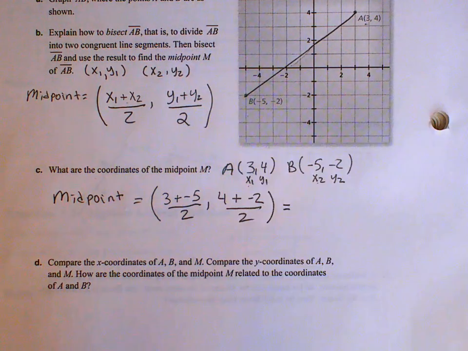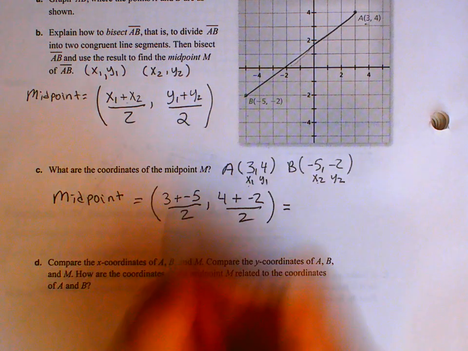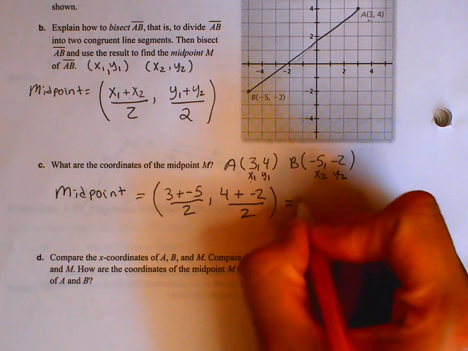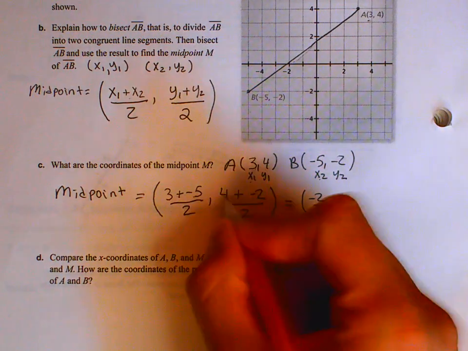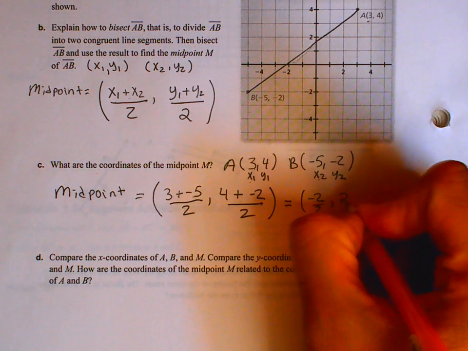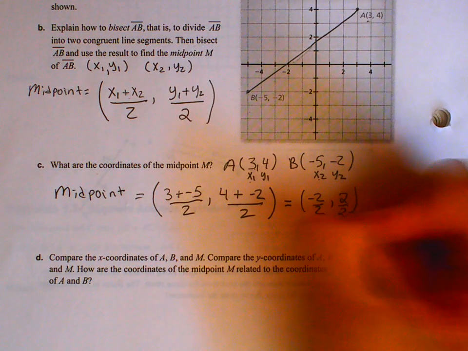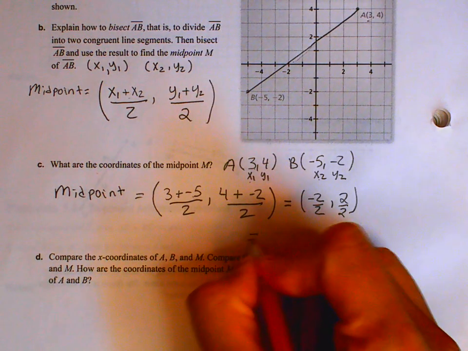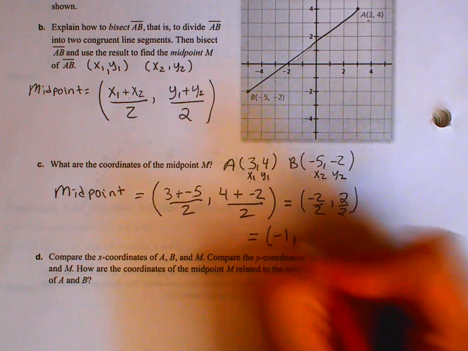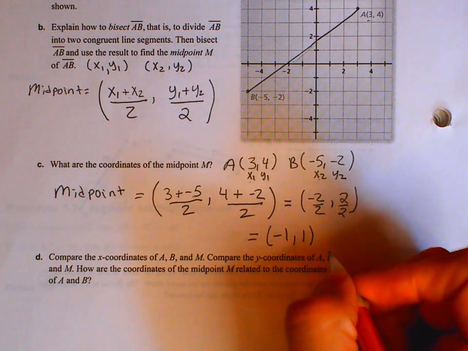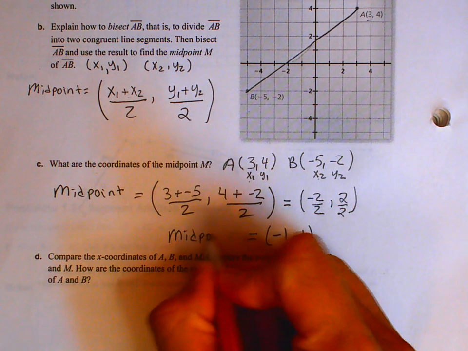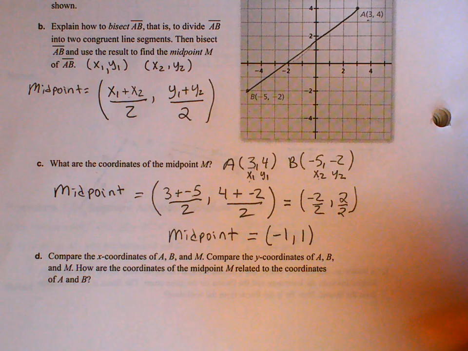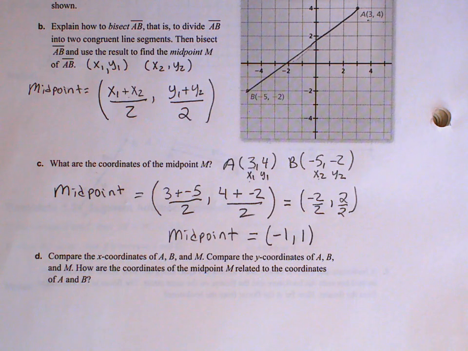After this it is just simple math. 3 plus -5, that is -2. 4 plus -2 is simply 2. So when you reduce these, your midpoint is going to be -1, +1. So that, ladies and gentlemen, is your midpoint between those 2 points A and B.